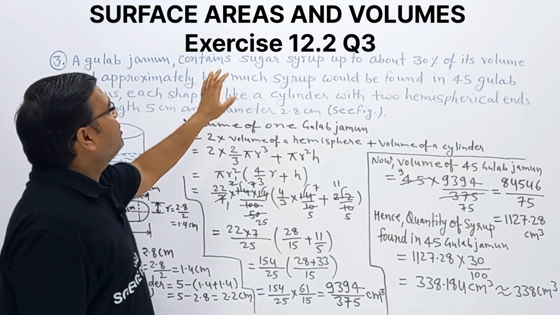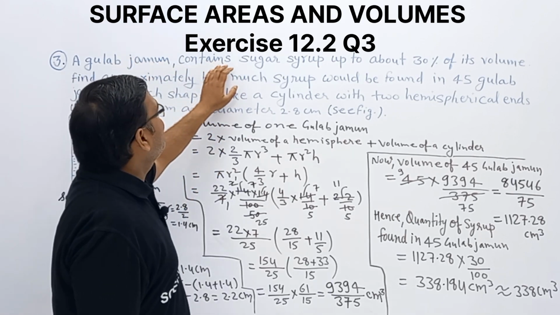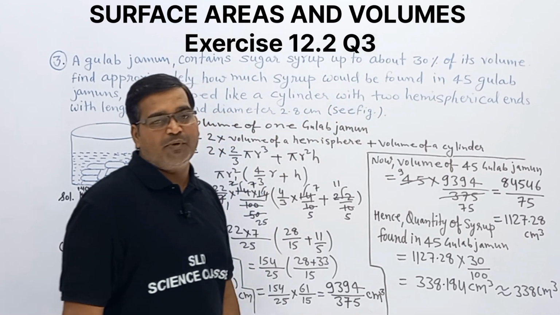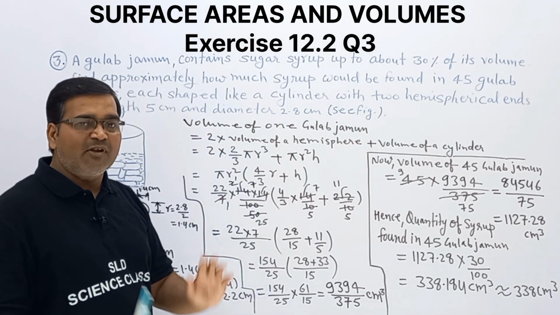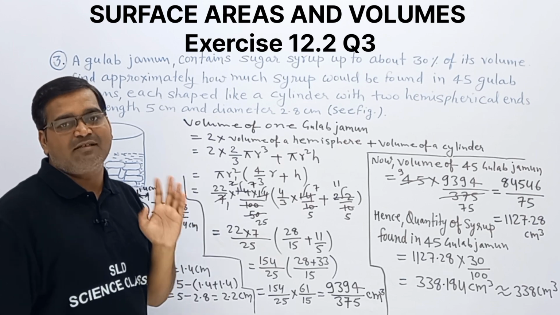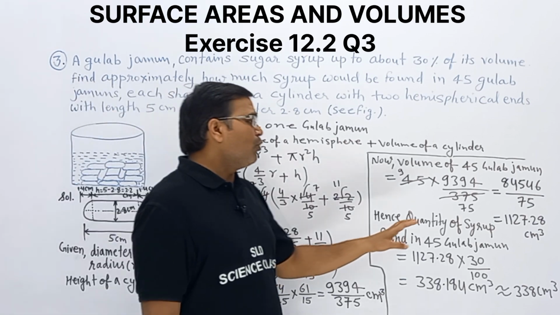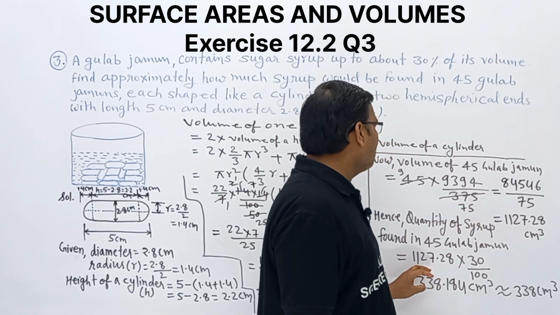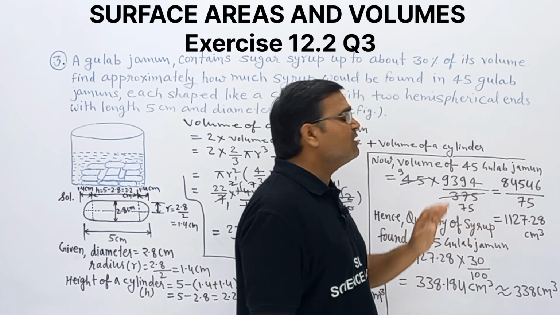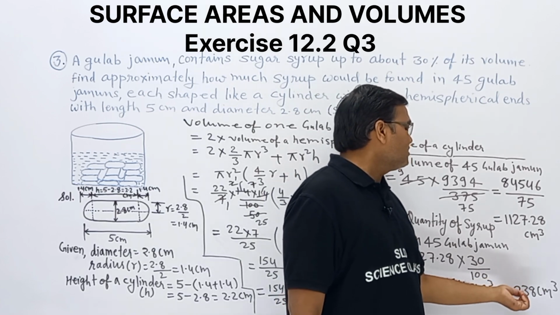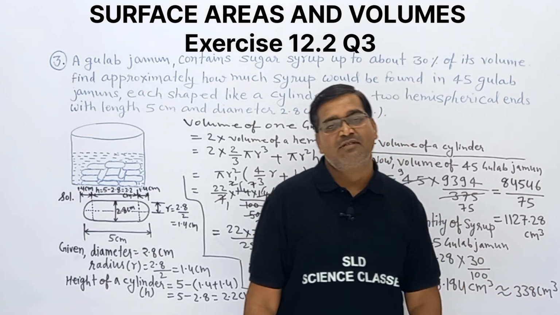Each gulab jamun containing sugar syrup up to 30% of its volume. Whatever volume we are having, 30% will be what? Sugar syrup. So total volume we are getting this one. Its 30% will be what? Quantity of syrup found in the 45 gulab jamun, and this is what? Approximately 338 centimeter cube. This is the required answer.